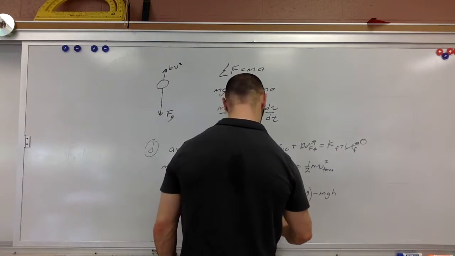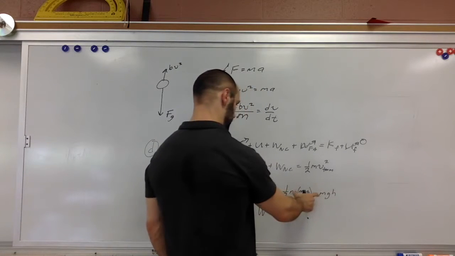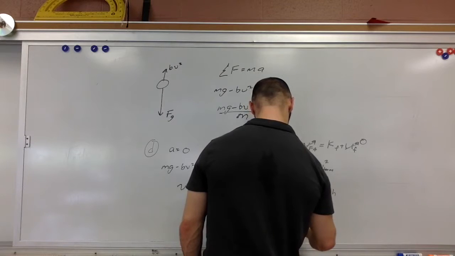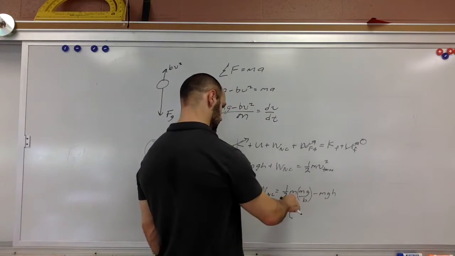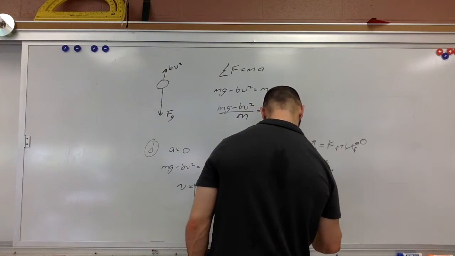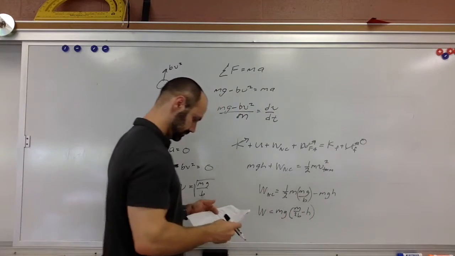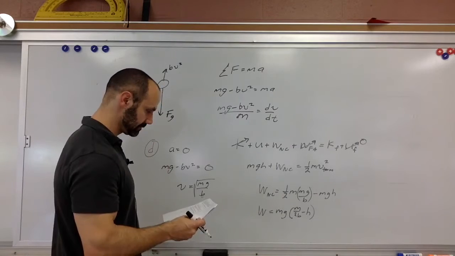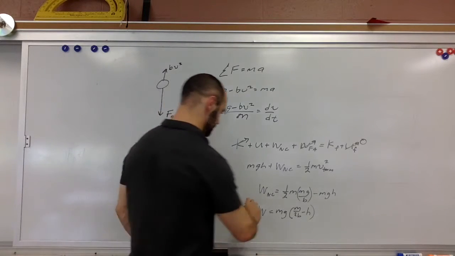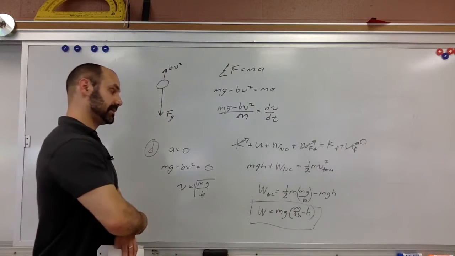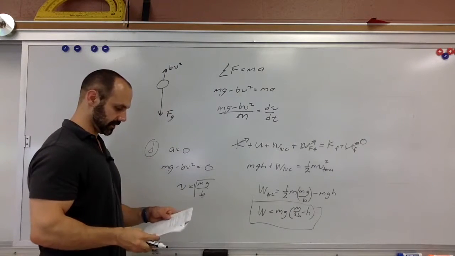So for the work done by air resistance, I can bring out an mg, and then I've got m over 2b minus h. And that's it. So that's using GAPC in solving a problem like that.